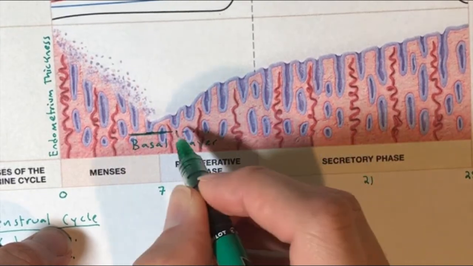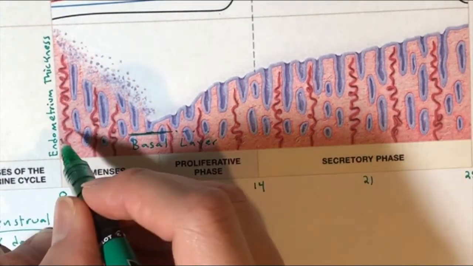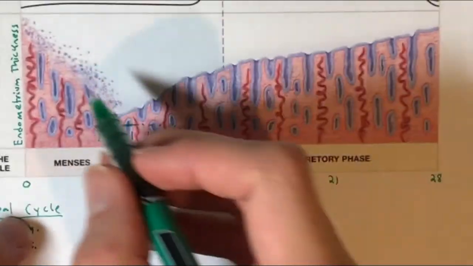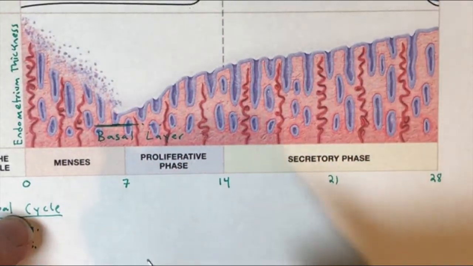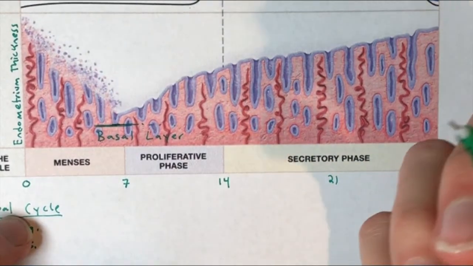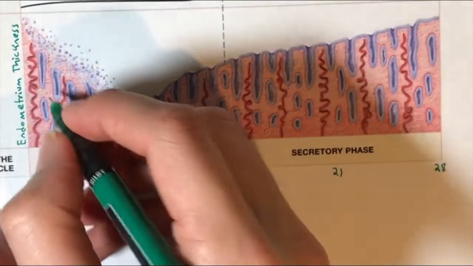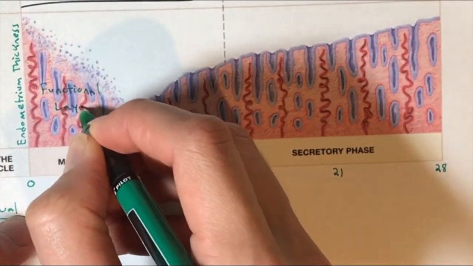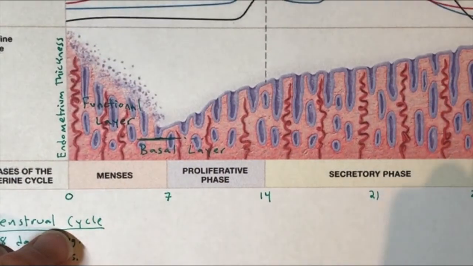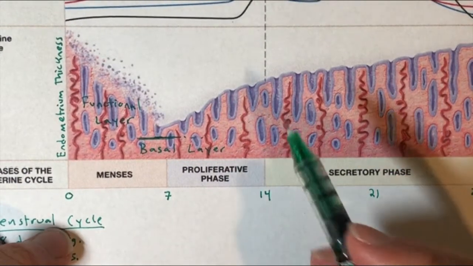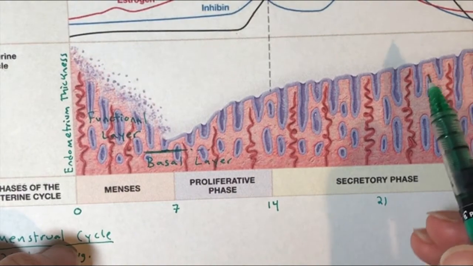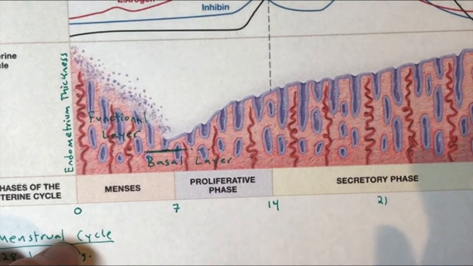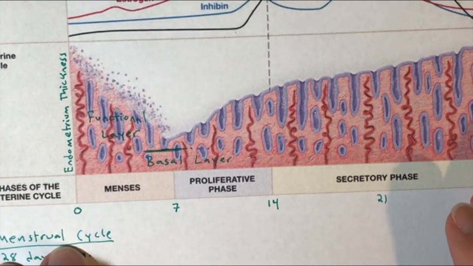So the basal layer goes all the way across. On top of that, we have the part that does shed and grow in the uterus. That part is called the functional layer. So the functional layer changes over time and gets shed off during menses.